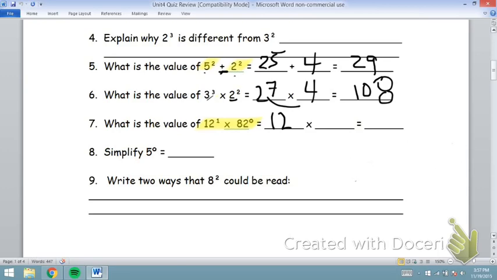And then 82 raised to the 0 power, which is simply 1. And that's another rule to point out, that any number raised to the 0 power is just 1. For instance, 1,000,000 raised to the 0 power is just 1.